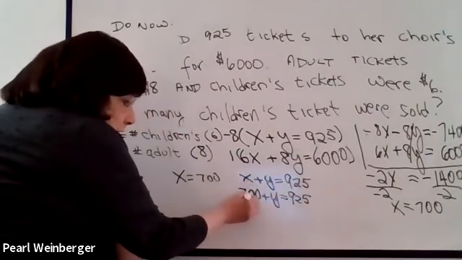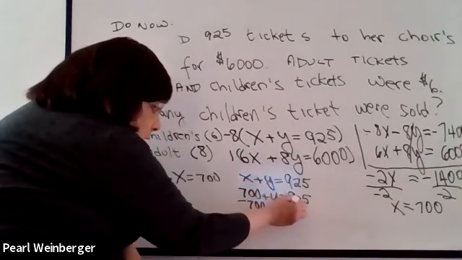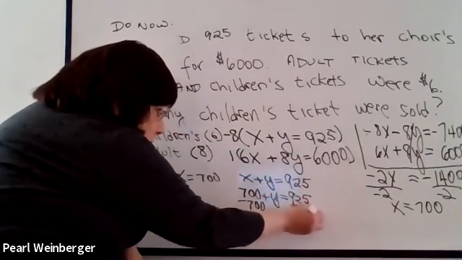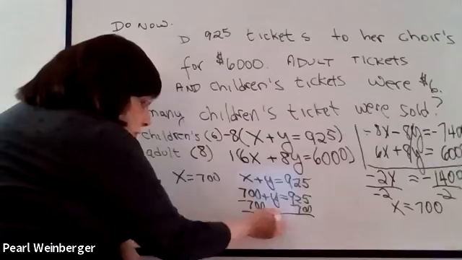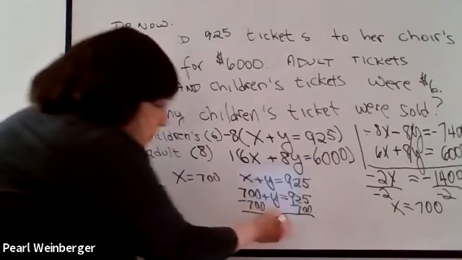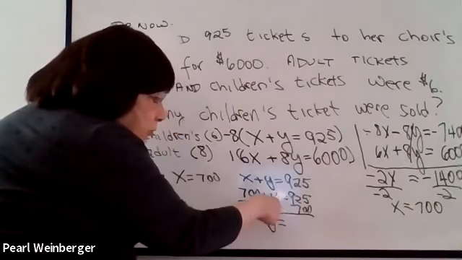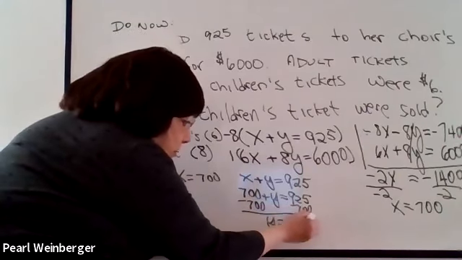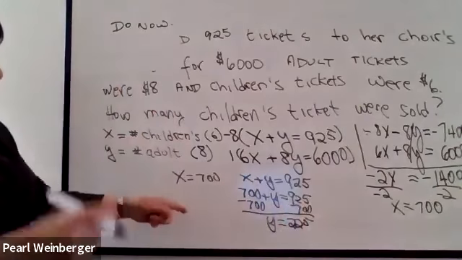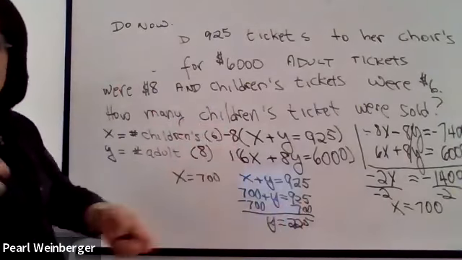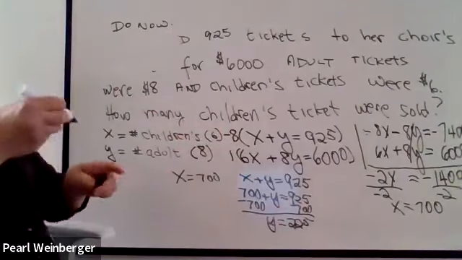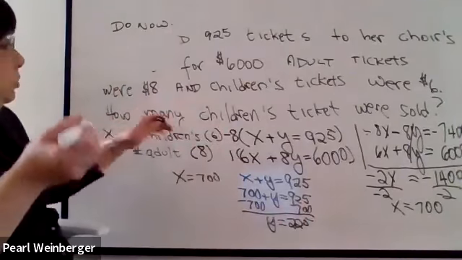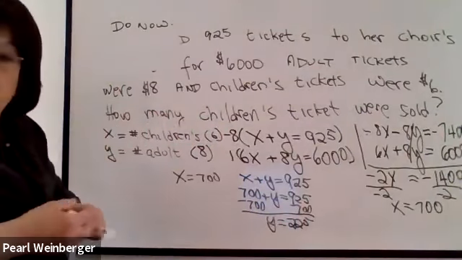And then subtract 700 from both sides, which would give me that the Y is 925 minus 700, which is 225. So once you have one, you could always figure out the other one, but we didn't have to because the question was just how many children's tickets. Great, thank you so much.